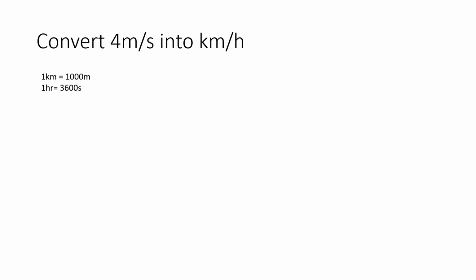What about if we have to convert both of these units? So how are we going to do that? Well, first and foremost, we need to convert the top. So how many kilometers does the car or whatever move in a second? Well, 4 meters is the same as 0.004 kilometers.